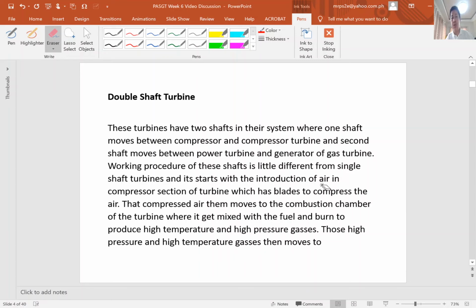the introduction of air in the compressor section of the turbine, which has blades to compress the air. That compressed air then moves to the combustion chamber of the turbine, where it gets mixed with the fuel and burned to produce high temperature and high pressure gases.